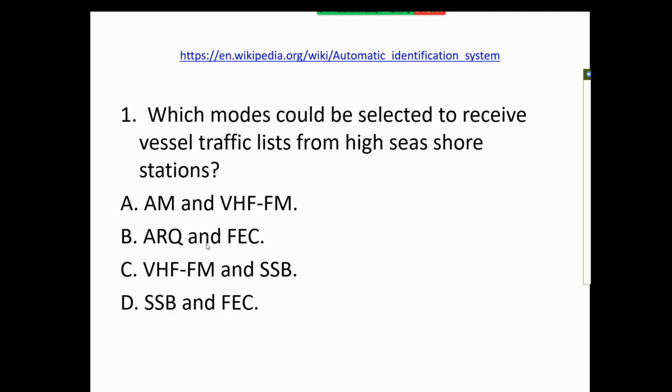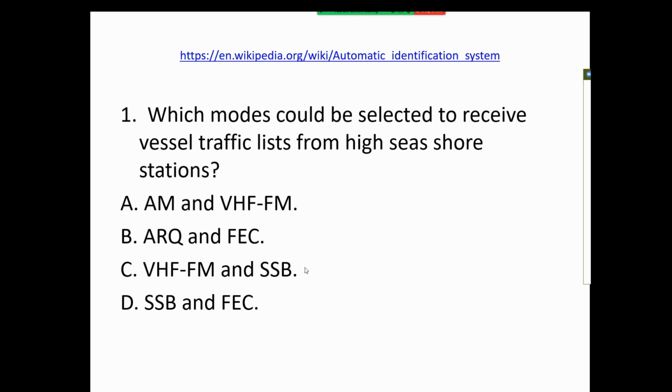B, ARQ and FEC. Well, so far AM and FM are the older modulation methods. ARQ and FEC, those are the two data correction, error correction methods. C, VHF FM and single sideband.